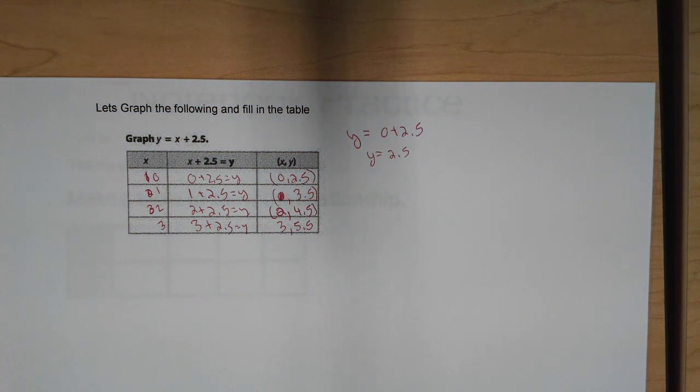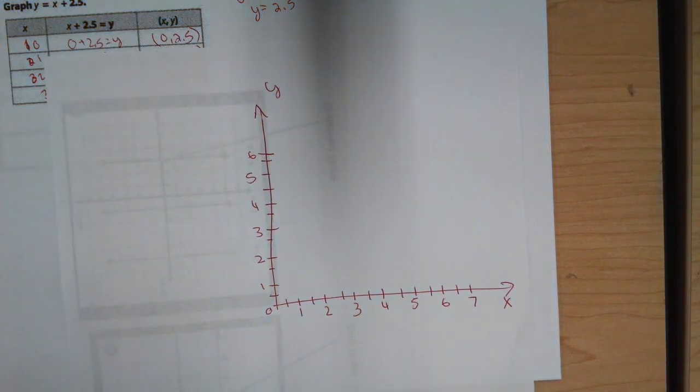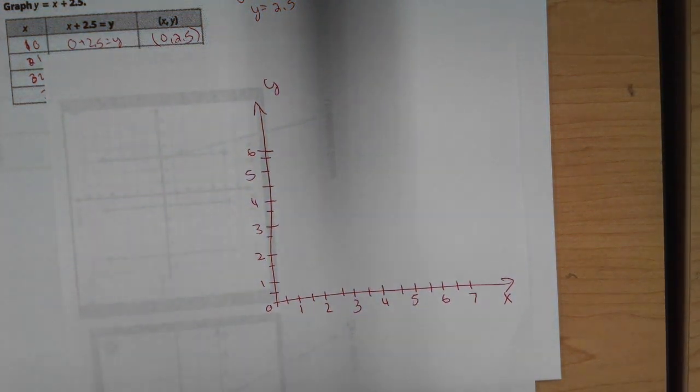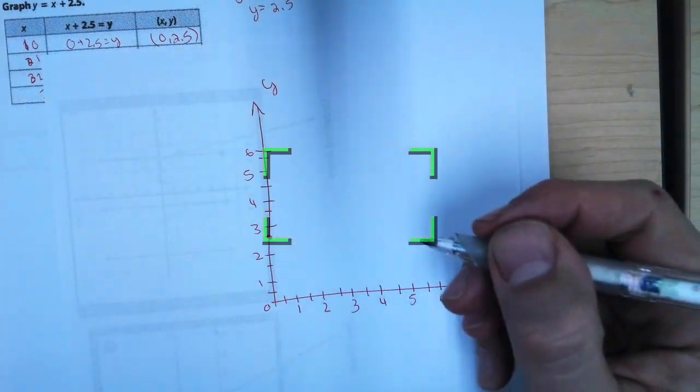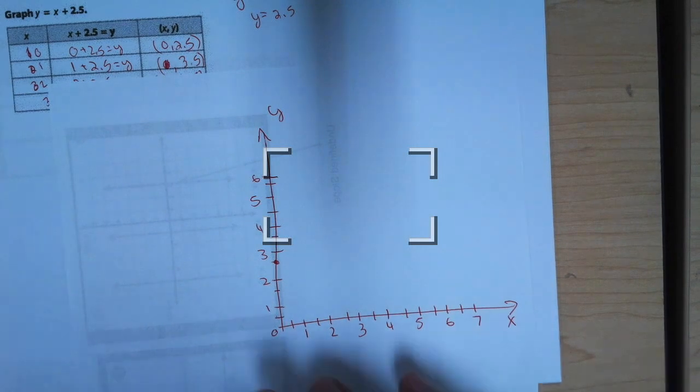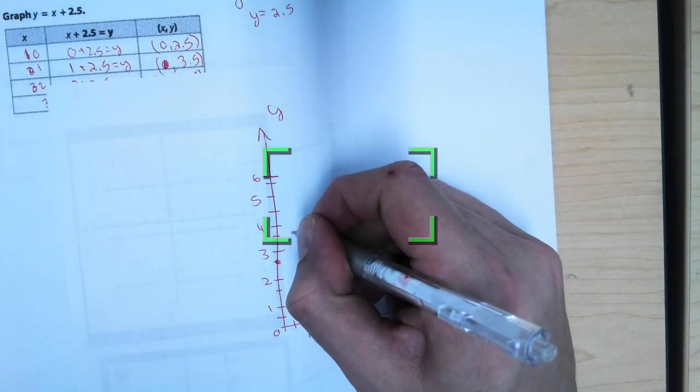So here we have our graph. Since we have all positive numbers, I'm only going to use the first quadrant. So let's go ahead and graph our numbers. We have 0 and 2 and 5/10. Then we have 1 and 3 and 5/10.